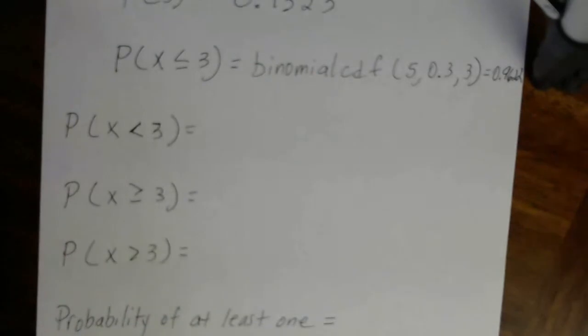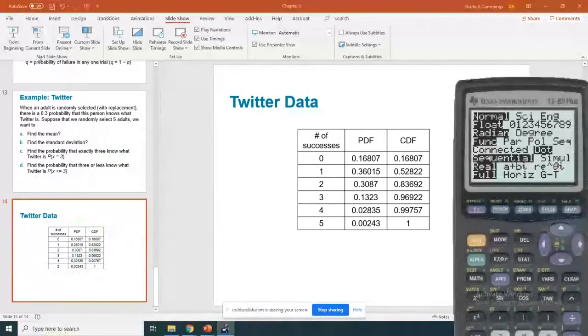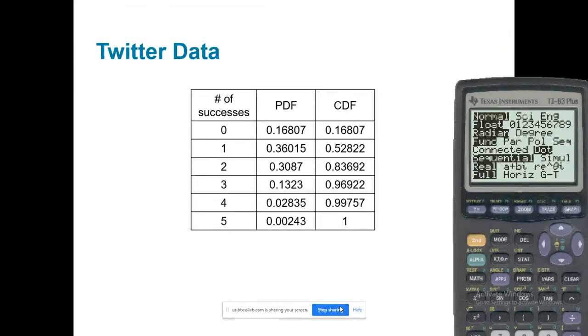So I'm going to go back to the shared screen, and this is what we want. Notice that we're looking at less than 3, so we're looking at the CDF.